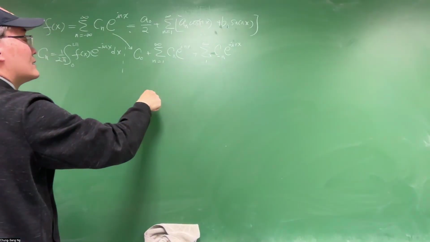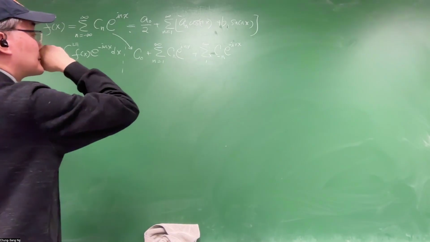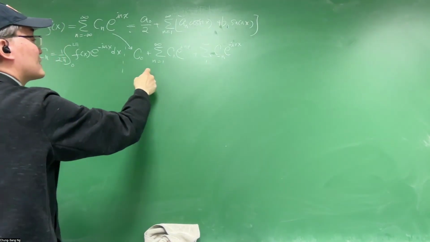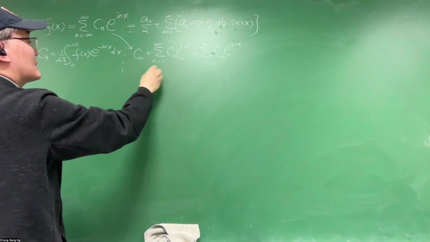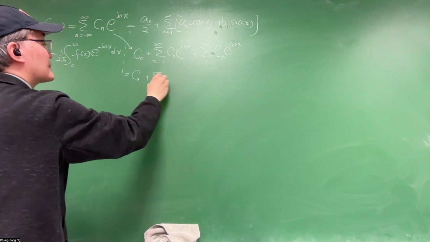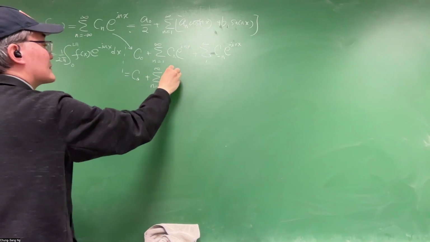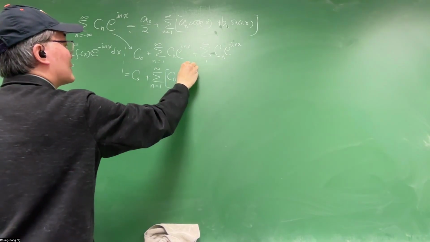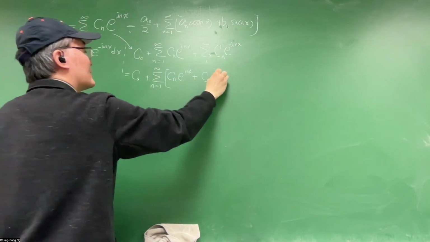And then both are summed over the same range as this one. So write it one more line, with e to the i n x and e to the minus i n x, and C sub n and C sub minus n.